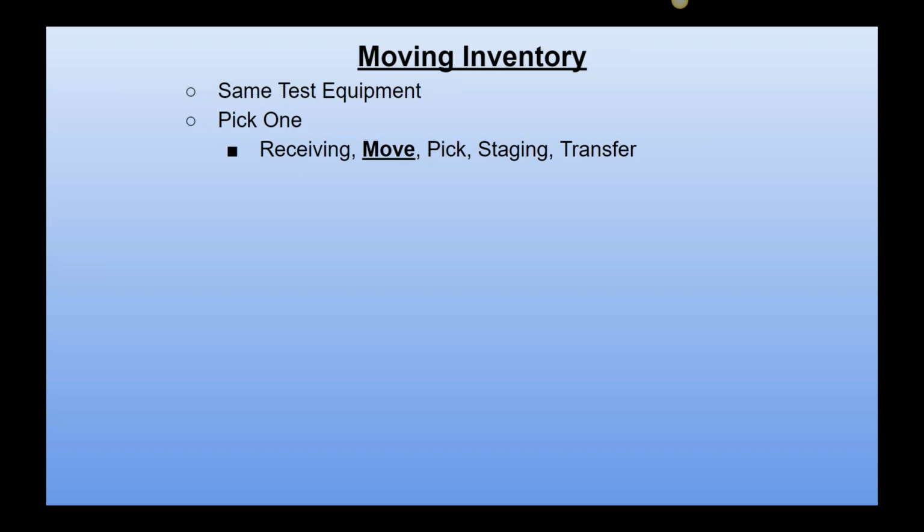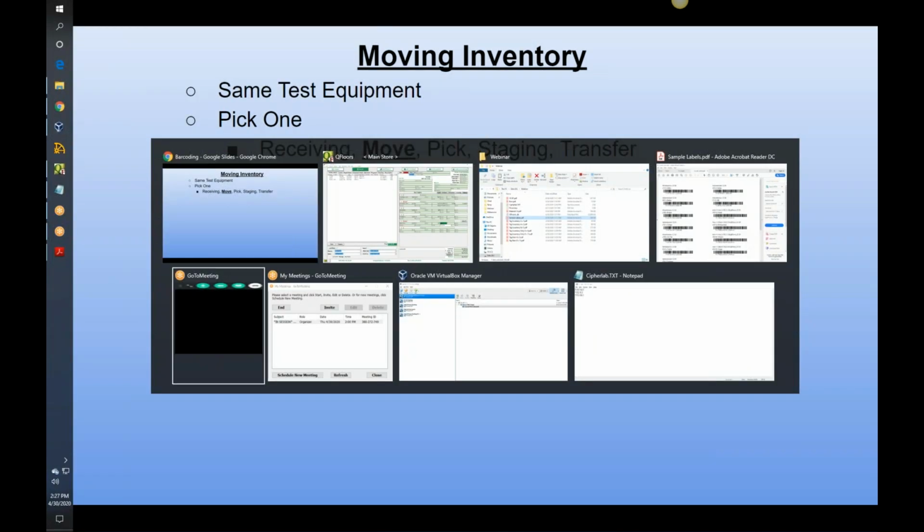And just like I was asking you to pick before, if you try doing them all at one time, it's going to get overwhelming, confusing, not a good idea. So pick one, let's get used to it, and then we can move on to the other one. The easiest one, and that's the one we're going to show you today, is move.